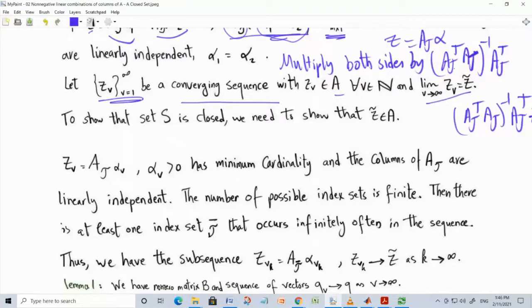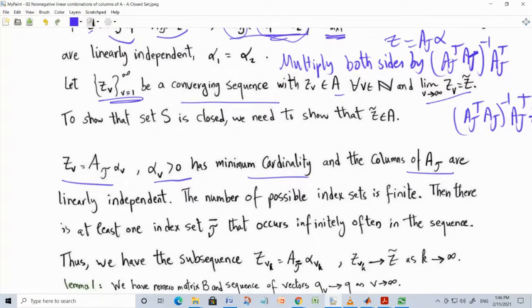So we will take this sequence. First order of business is you take each vector in this sequence, and you express it using what I have just explained. You express it as a strictly positive vector with minimum cardinality, and the corresponding columns of AJ are linearly independent.